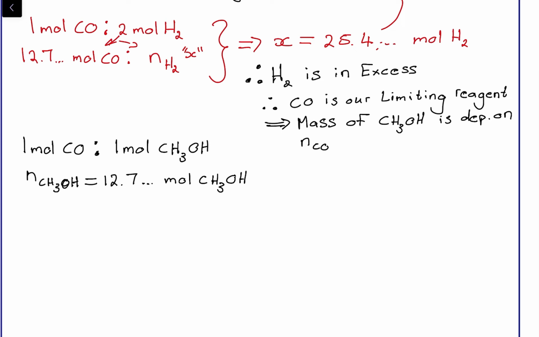Okay. So now we know the number of mole of methanol that form. So from that, we can just determine the mass of methanol. Because once you have the number of mole, you can always just get the mass using the molar mass. So you can use the 12.7 mole CH3OH, and that's multiplied with, of course, the molar mass.